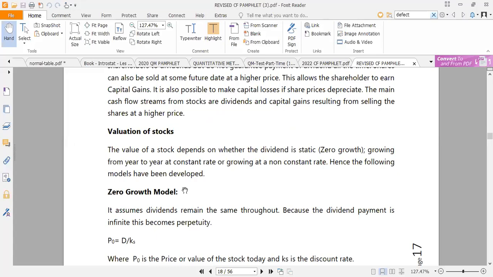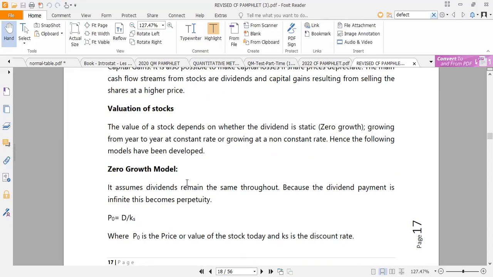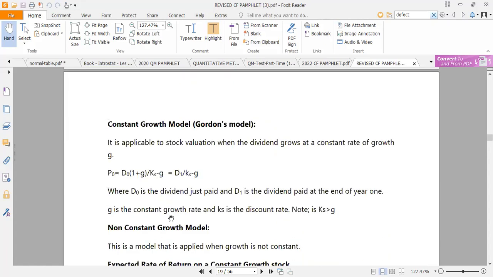There are the growth models. The zero growth model is simply given by dividend over the discount rate. P0 means the value of stock now. And there's the constant growth model, which is given by D0(1 plus g) over Ks minus g.